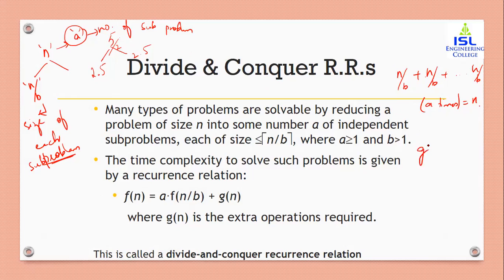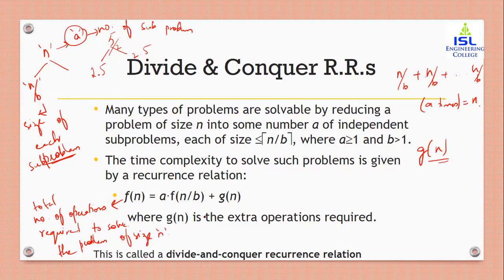So for those extra operations, we are taking some other function which is g of n. f of n generally represents the time taken, the total number of operations required to solve the problem of size n.